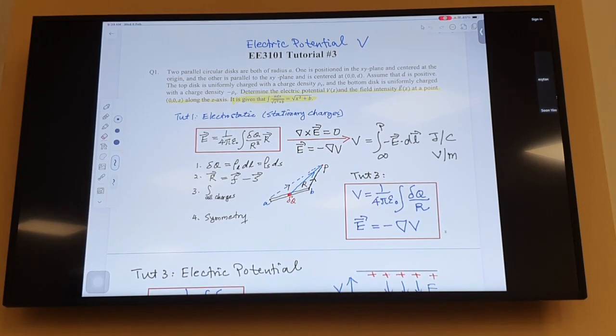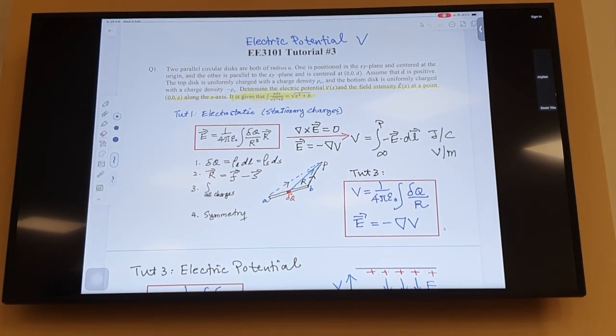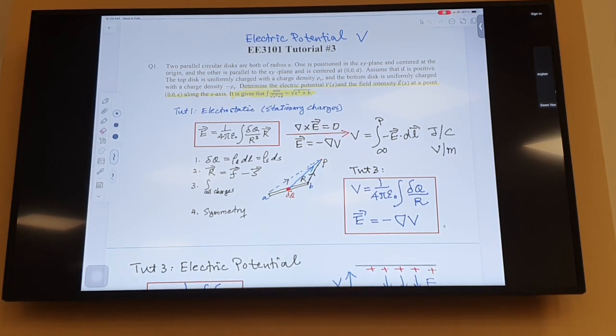Generally, we can only measure forces. If you learn electromagnetics, you know ultimately what we want is the force.